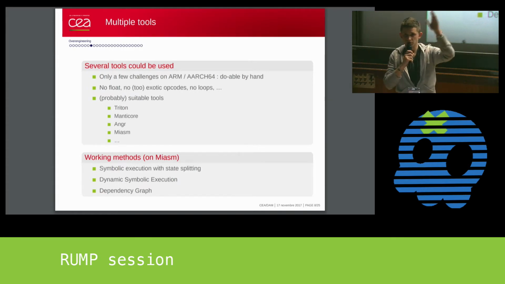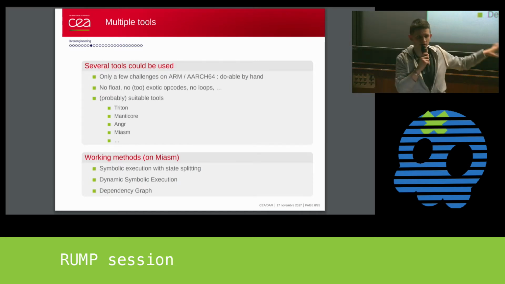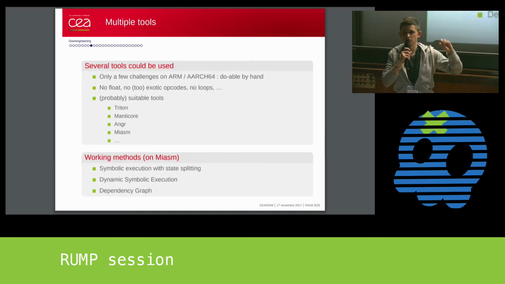You go through your CFG, and when you get to a split, you ask the solver if it's able to go to the branch that interests you, and you go on until you reach the final equation. The final possibility is to use the dependency graph: you start from the end of the graph, and you ask for every path that is possible to reach this final equation.